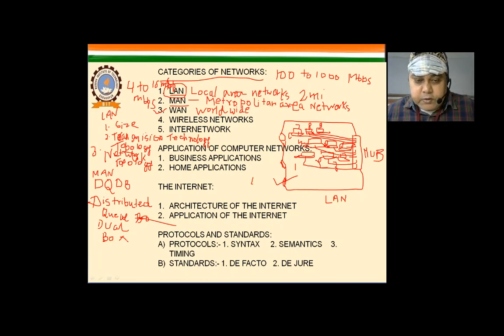If you want an example, the best example of a MAN is the cable television network available in many cities. The system grew up from earlier community antenna systems in areas with poor television reception.